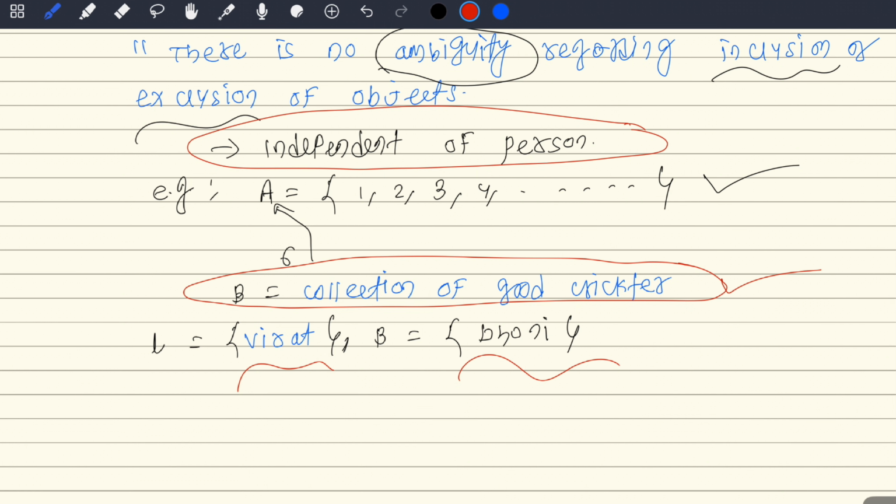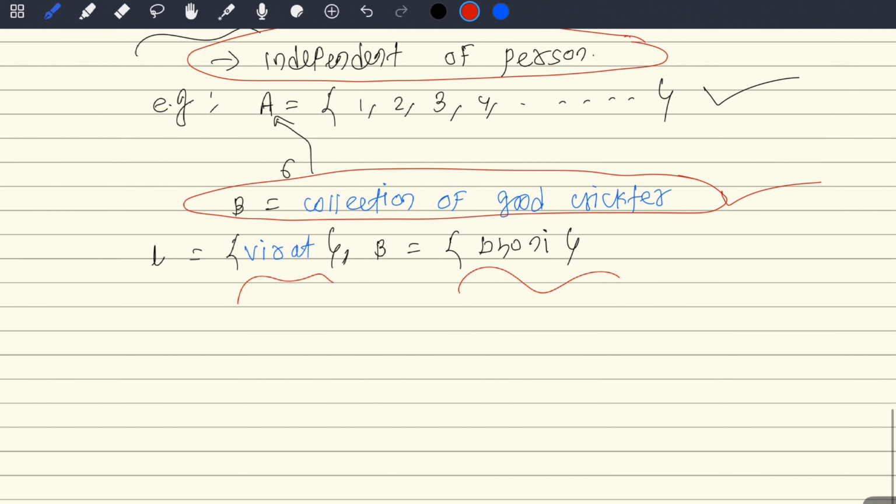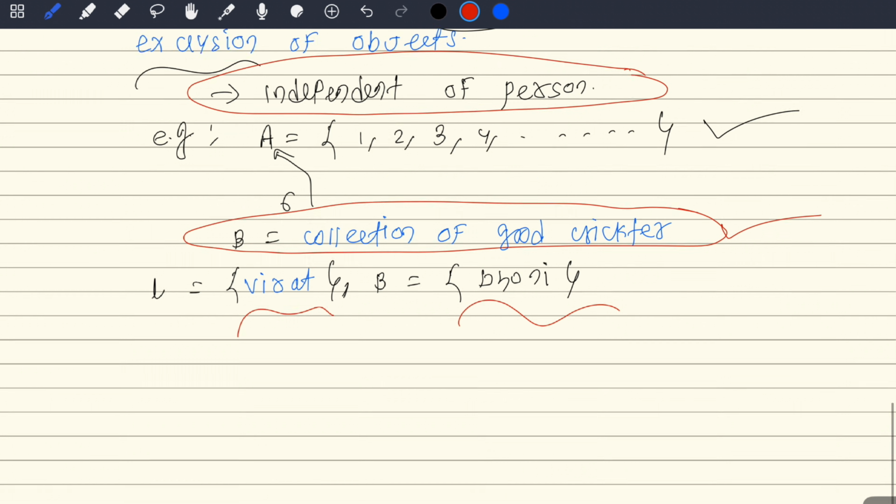If I bring some other player, suppose Sanju Samson, it may be possible for Ravi he is not a good player, or for a good cricketer someone may choose a batsman, someone a bowler, someone an all rounder. So if I am telling any quality based or character based, that should not be well defined. You understood, right?